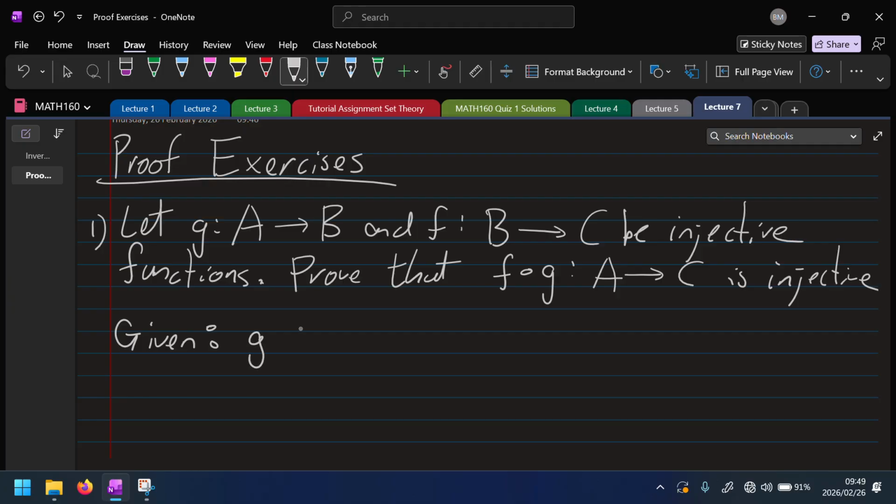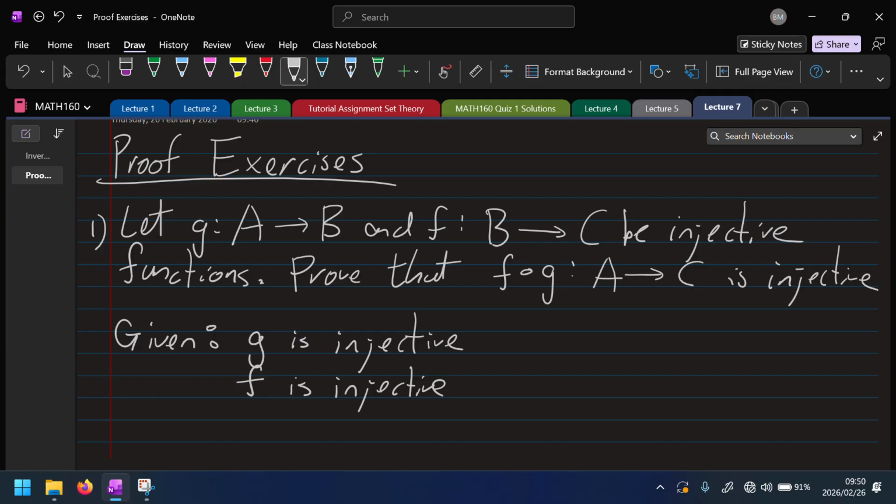G is injective. And F is injective. Now, if you automatically know what that means, that's fine. You can continue. If you don't, well, let's write it out. What does it mean for G to be injective?